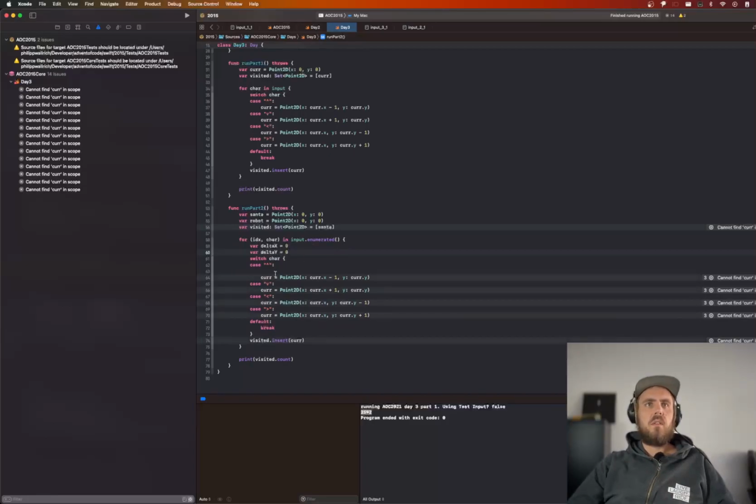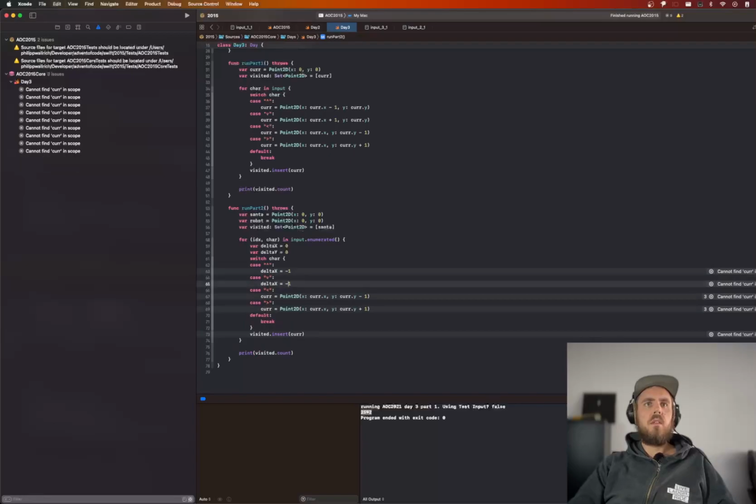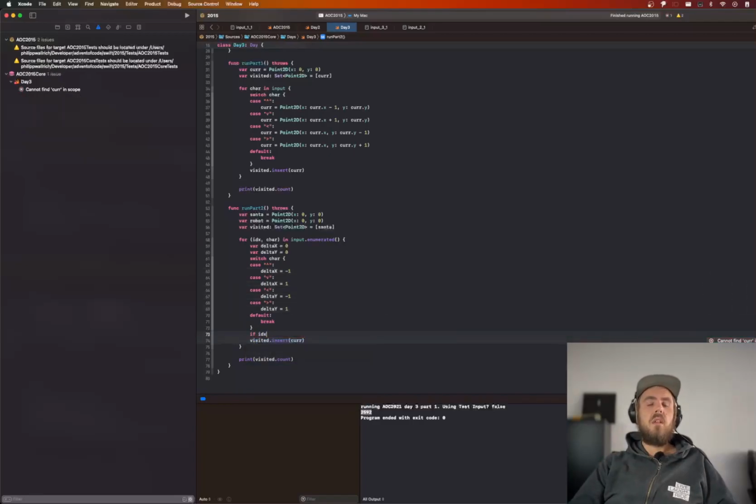So instead of having if clauses inside here the whole time, I just use the delta thing and say delta x is equal to -1, delta x is equal to 1, delta y is equal to -1, and delta y is equal to 1, and then we say if index modulo 2 equals 0, then we have Santa.